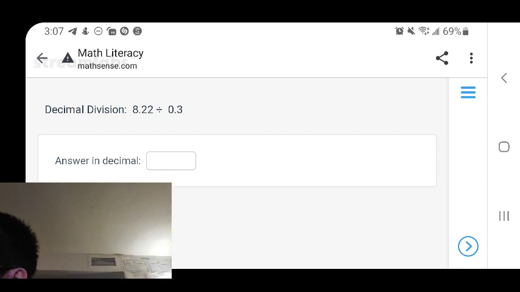Let me redo this. Let me see. Apparently it's wrong. You need 3 decimal places. I mean, it is 27.4. I'm doing this right. 3 times 2. 8 times. Wait, aren't these all going to be 2.740? No, 2.74.